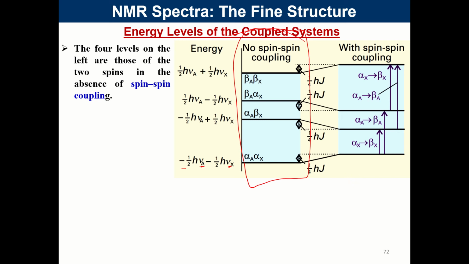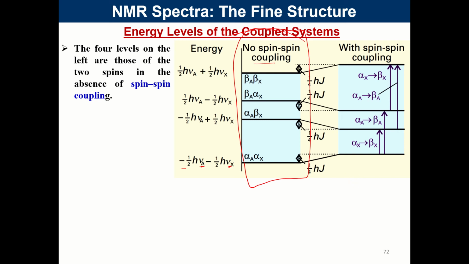As I told you, the magnetic moment will be aligned in that case. That is a very initial thing that I told you about electron spin and the direction of magnetic moments. So this is what happens in absence of any spin-spin coupling.